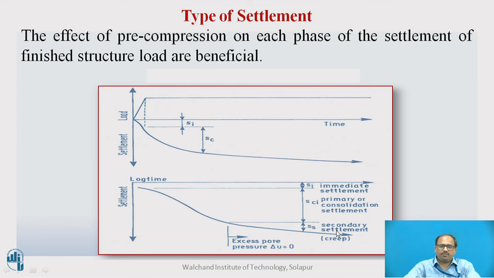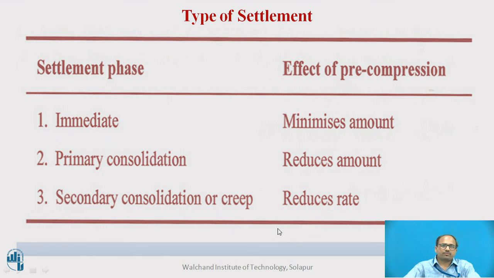Here secondary settlement means any excess pore pressure or remaining water content is expelled out, so delta U is 0. And the last one is creep. This is all about types of settlement.